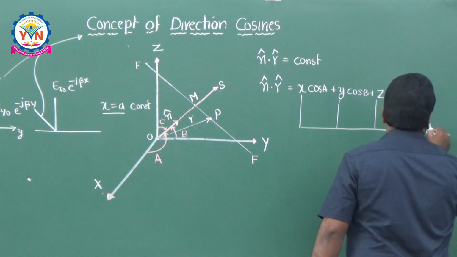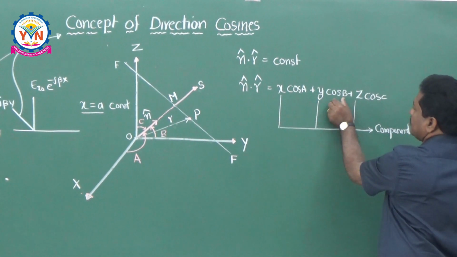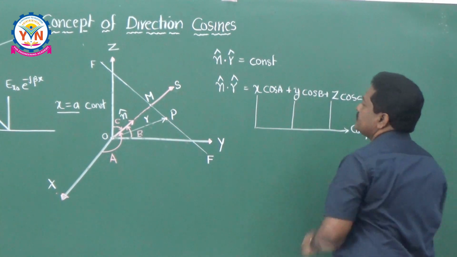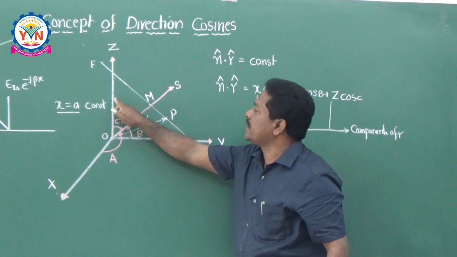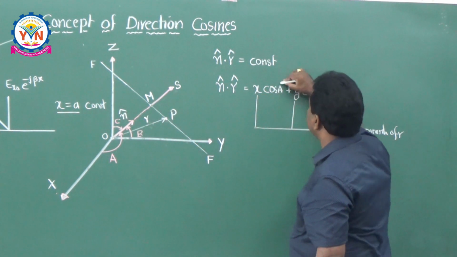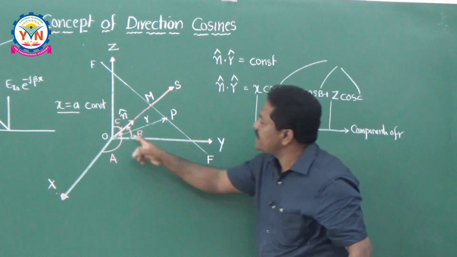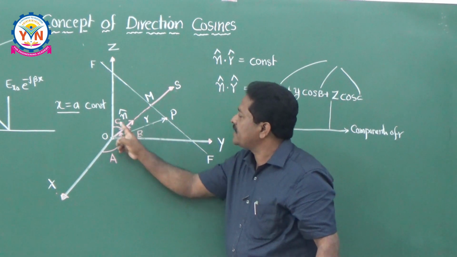Whereas cos A, cos B, cos C are the components of your unit vector in x, y and z directions. But what are A, B, C? These A, B, C are nothing but the angles with respect to the x-axis, y-axis and z-axis.